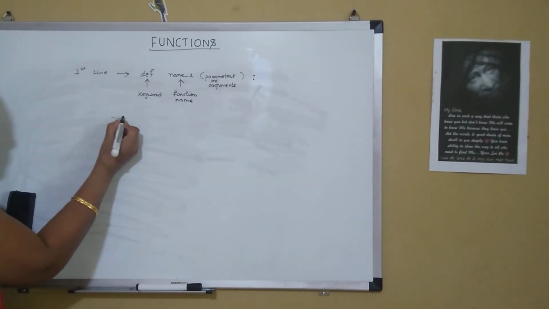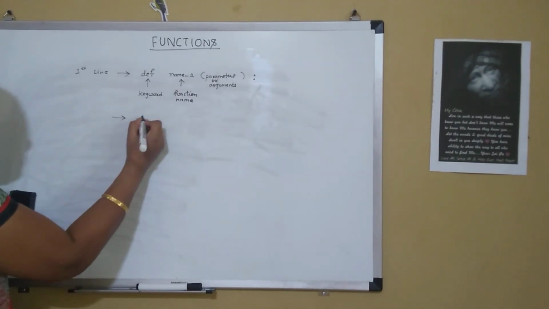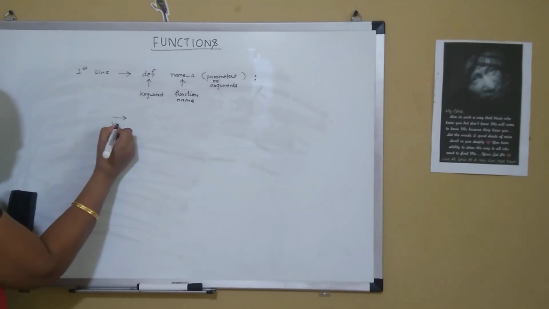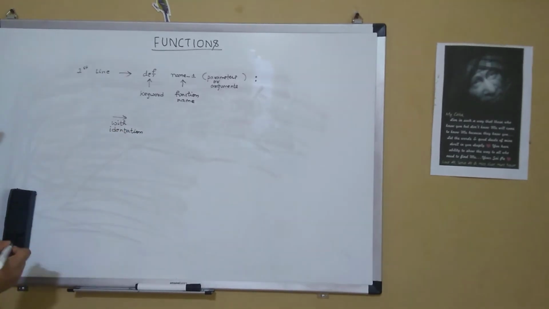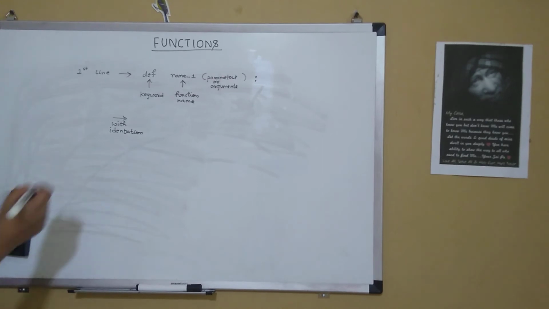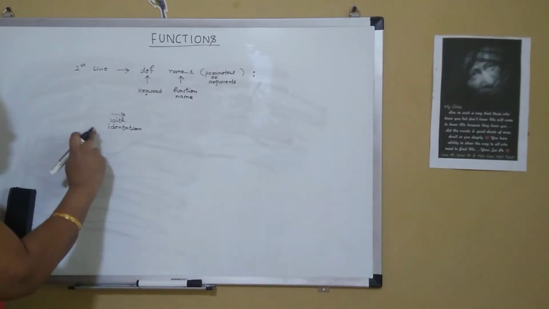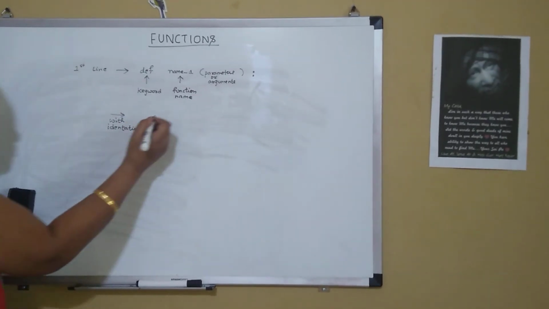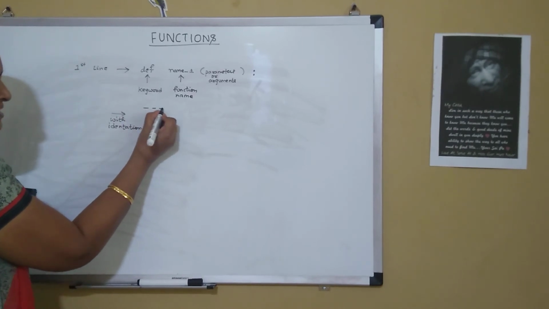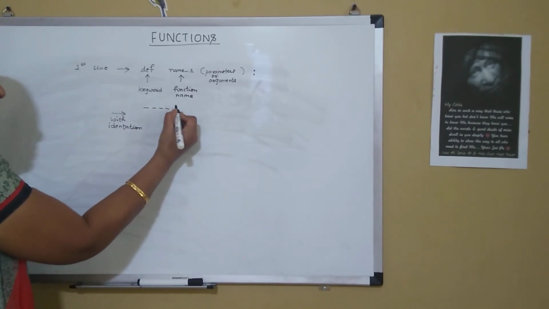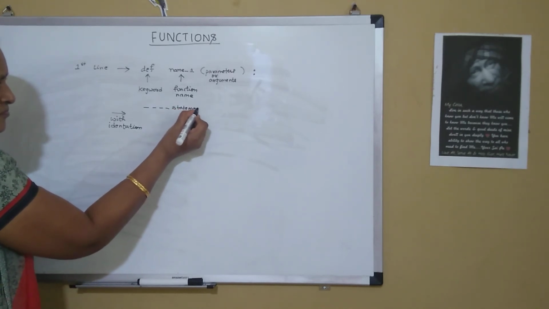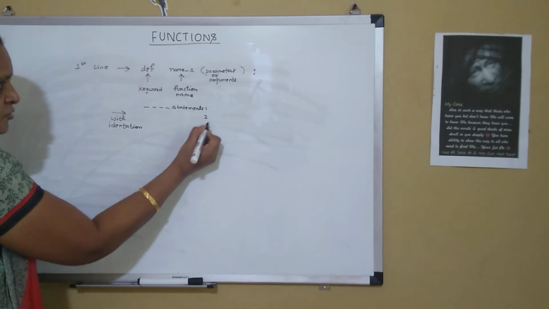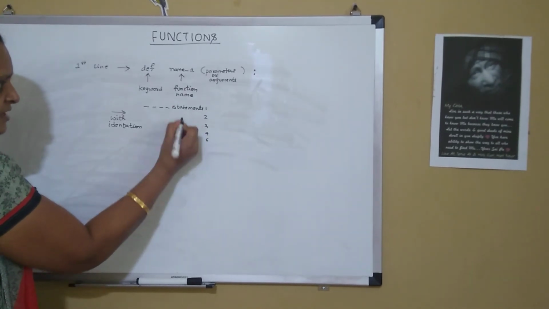And then in the coming lines, we use indentation. We do not have curly braces as in C to define the body of the function. We have to use indentation. So after giving 4 spaces, in the 5th space, we can write the statements. 1, 2, 3, 4, 5.